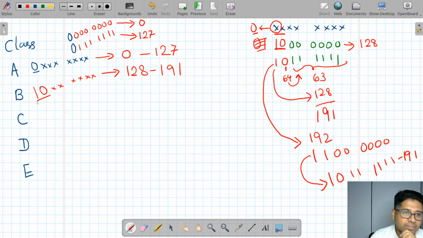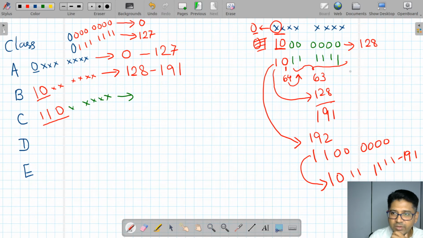In the same way, they are telling class C has a pattern, they are going to reserve all 3 bits with 110. Remaining bits, we don't care about. So let's do the calculation of this range. I'm going to keep this reserved, 110.